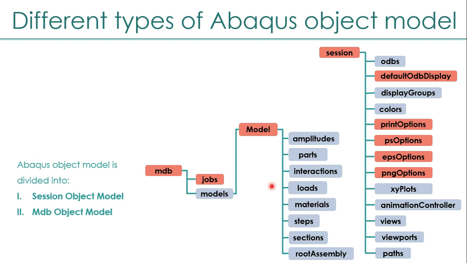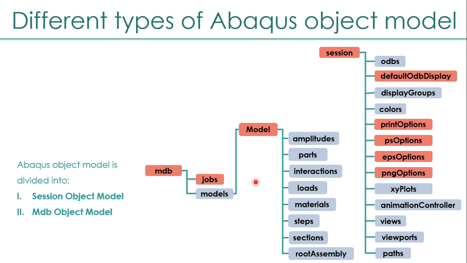In the model database you have these models also, for example interaction, part, and load. In the GUI you refer to these as modules, like part module, load module, but here we refer to these as objects because parts are objects. So this is another type of object model.